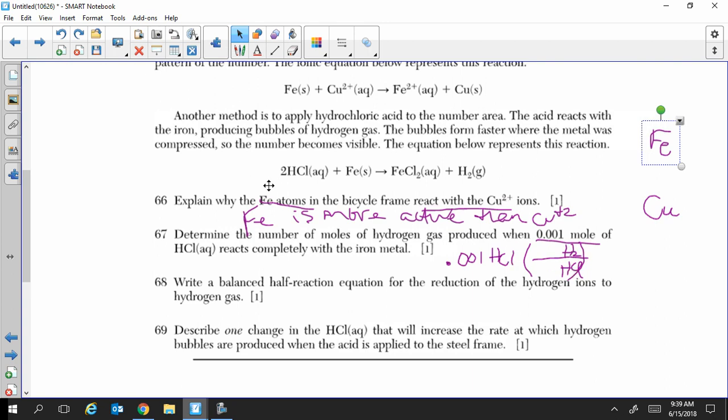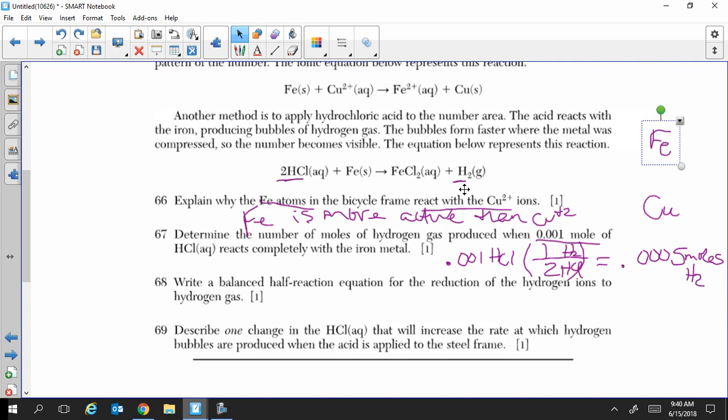And then you go up here. HCl has a 2 in front of it, so you put a 2 there. And H2 has a 1 in front of it, so you put a 1 there. 0.001 times 1 divided by 2 is 0.0005 moles of H2.